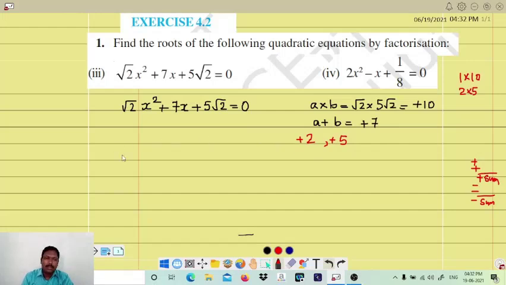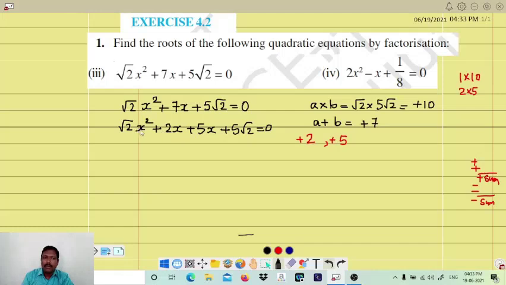Now we have to split the middle term. Now we are going to split the middle term: root 2 x squared plus 2x plus 5x plus 5 root 2 is equal to 0. Here we know 5 is common, but here root 2 and 2 is there.